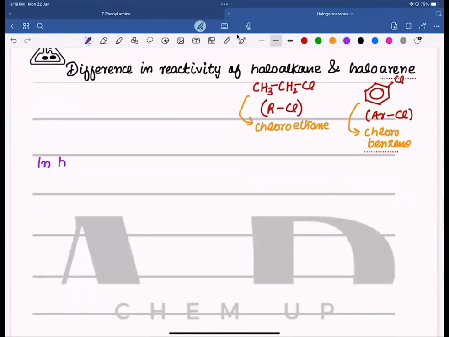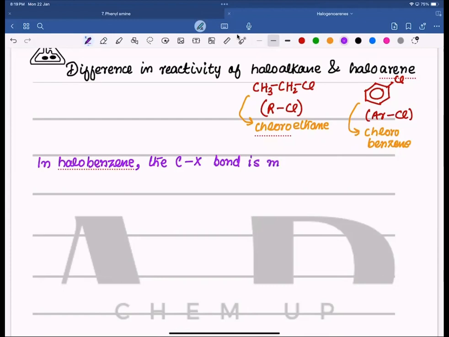So in halobenzene, or we specifically talk about chlorobenzene, the carbon halogen bond is stronger than the carbon halogen bond in haloalkane or halogenoalkane.